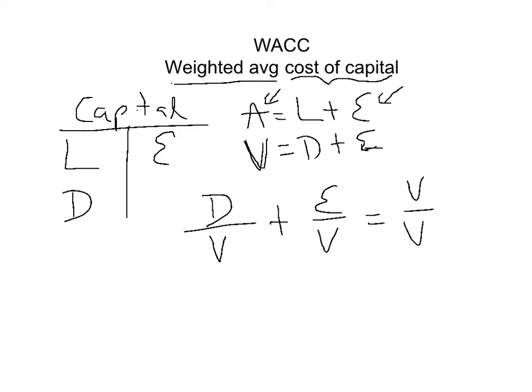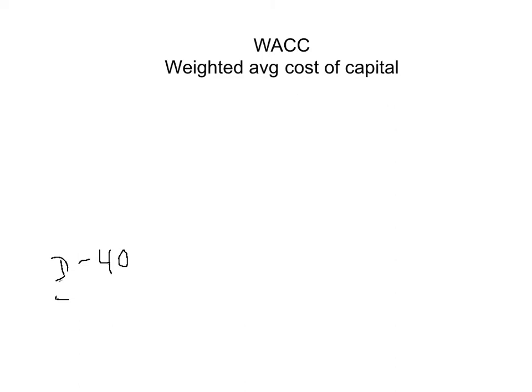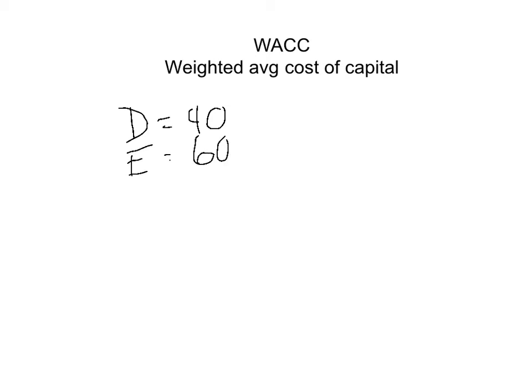So if we have a company where D is equal to, we'll say, 40, and equity is 60, then our total value is 100.